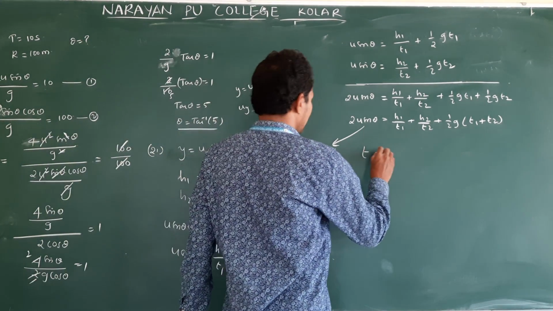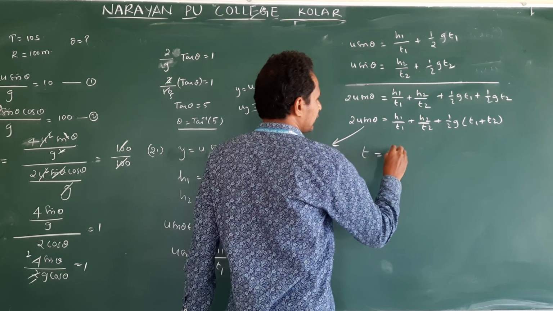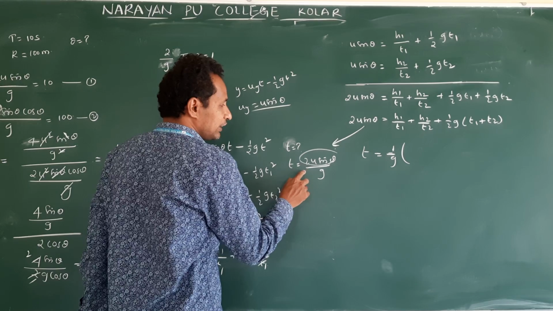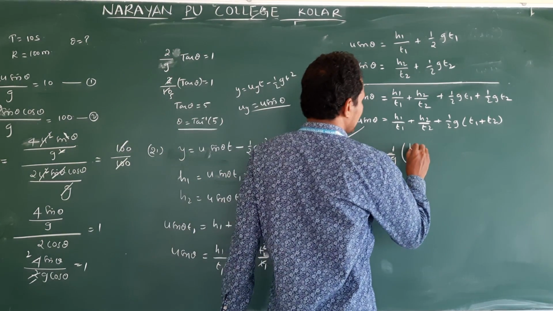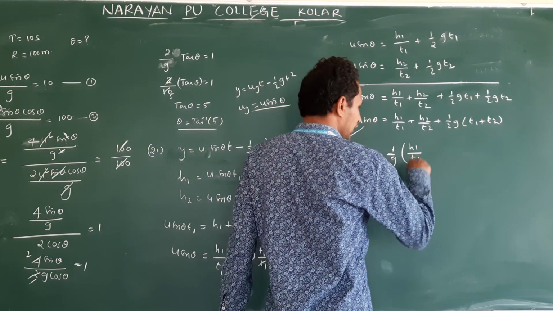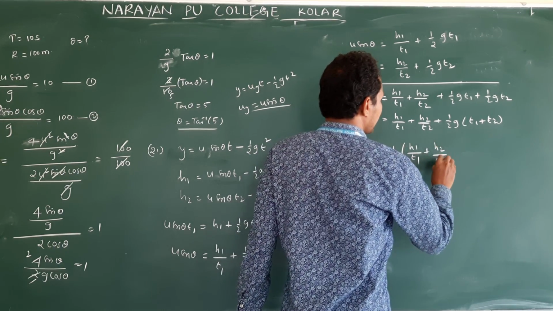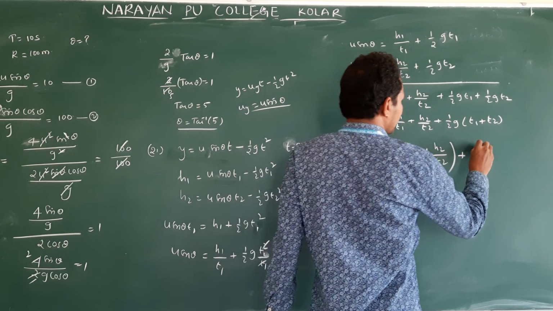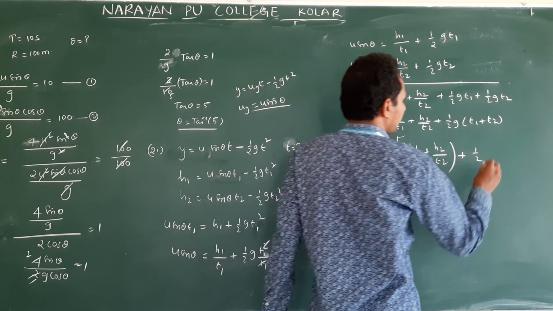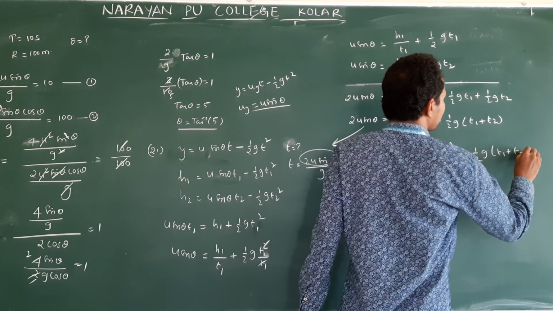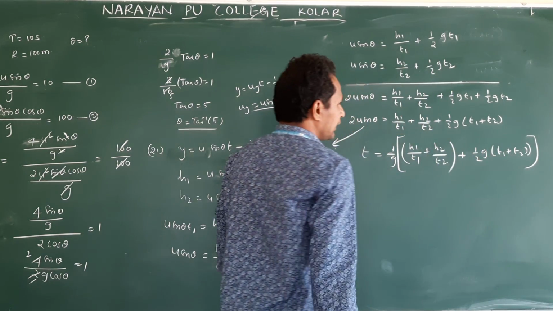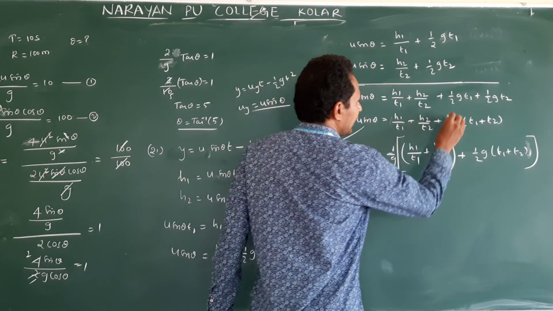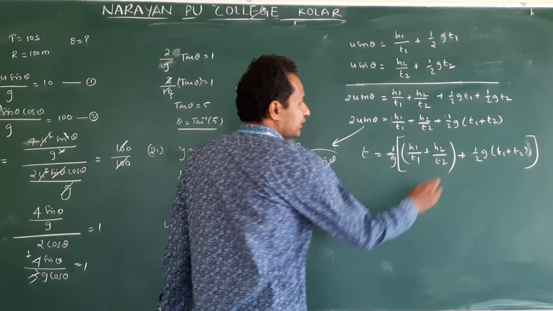This 2u sin theta we substitute in the time of flight. Then t is equal to 1 by g bracket, 2u sin theta. I can write 1 by g into 2u sin theta. So 1 by g (h1 by t1 plus h2 by t2) plus 1 by 2 g (t1 plus t2). Why did I take this? This is 1 by g multiplying these terms once, and the g term I have written once. Nothing wrong with writing this.